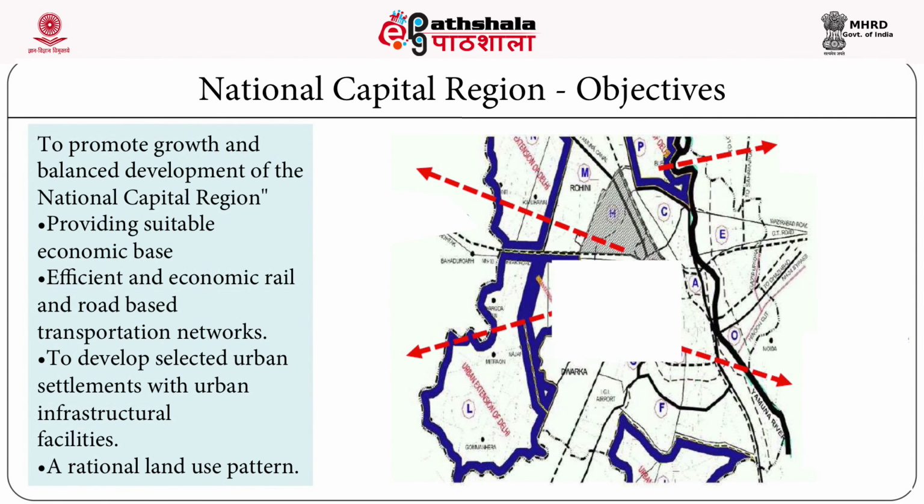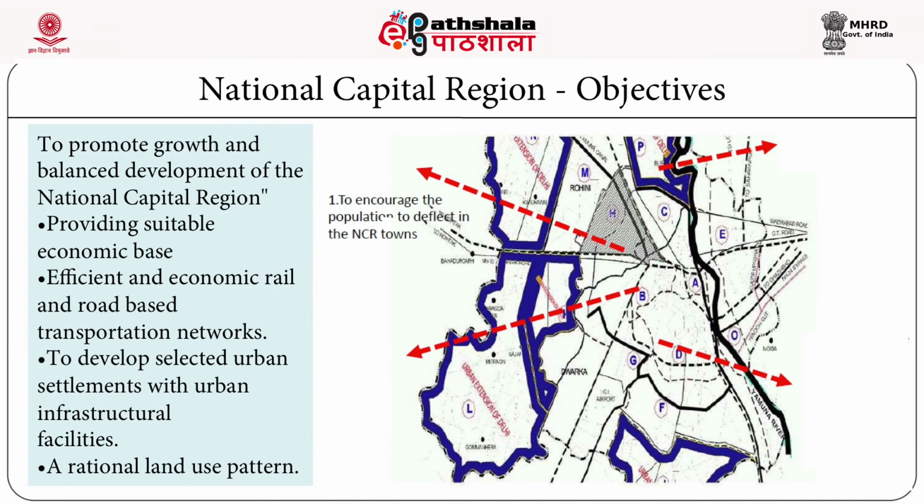So this drawing shows how these objectives have been proposed to be realized. The first one is to encourage the population to deflect, as I said, as planned decentralization. So to encourage the population to deflect in the NCR towns, counter magnet towns had been proposed as part of the regional plan.